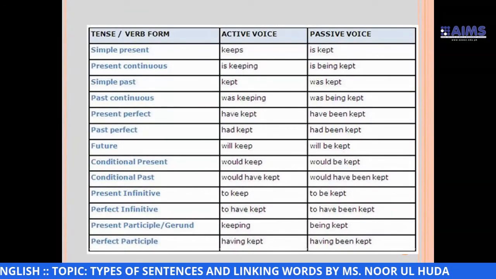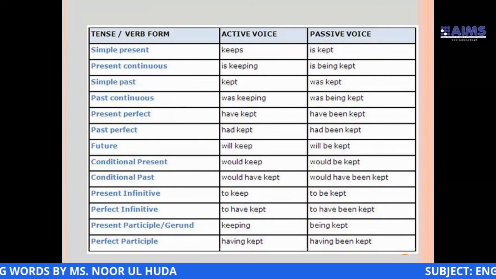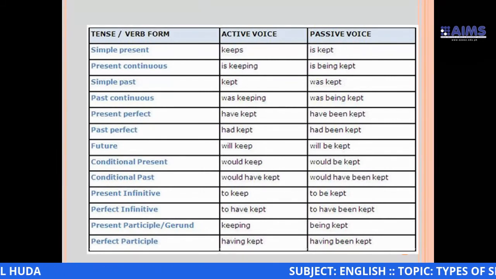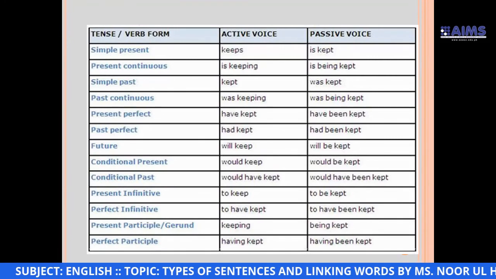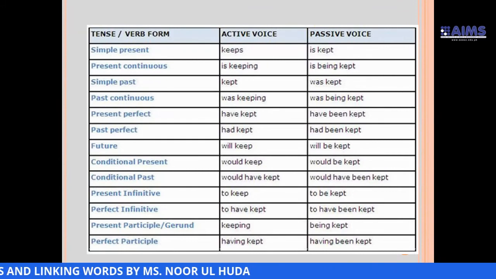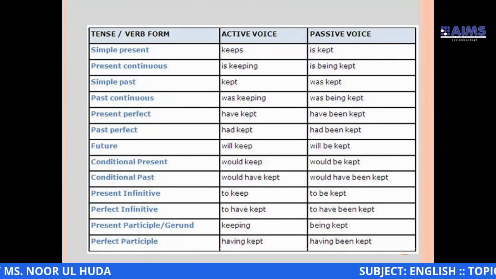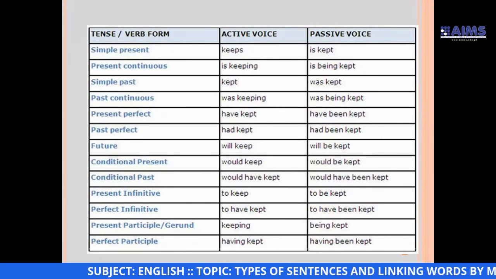I have told you that whenever we are using the continuous form of such sentences, what we use is "being." Now, "is being" is the continuous form of be, along with the past participle of the main verb.